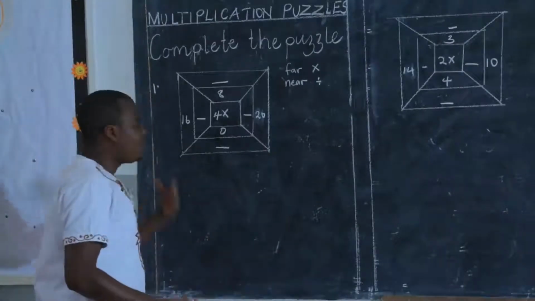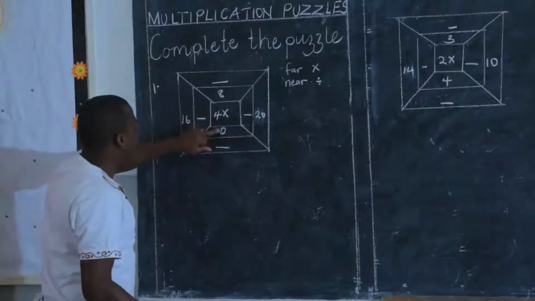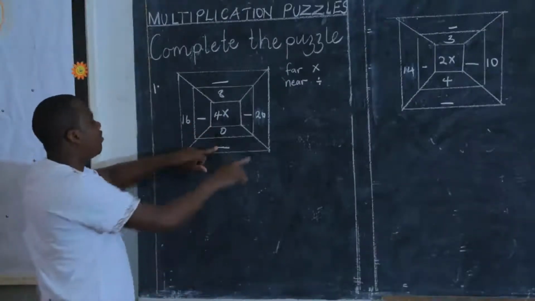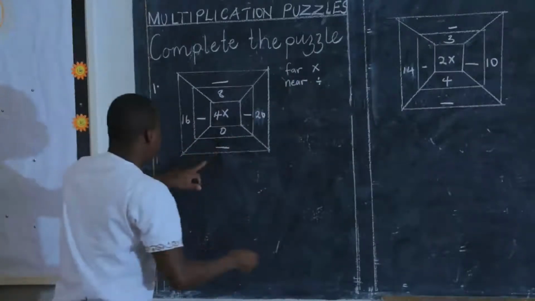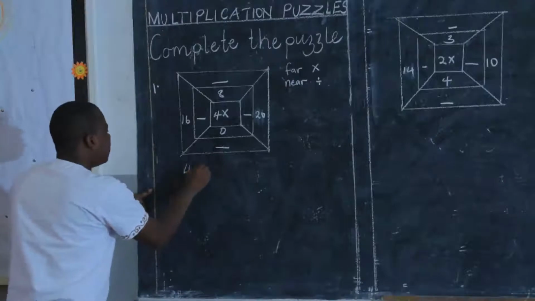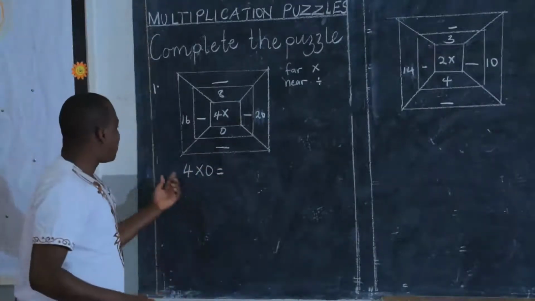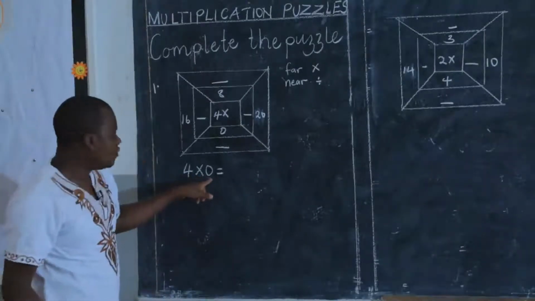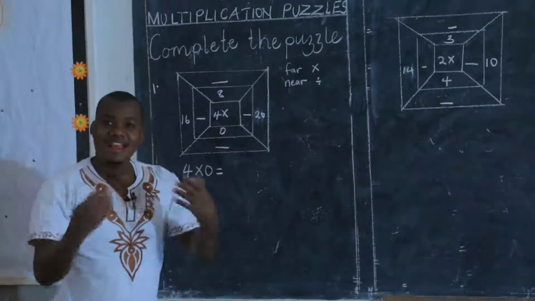So, can we go to our table and complete it? 4 times 0, and the dash is far. So when the dash is far, what shall we do? We are going to multiply. So I'll come here and say 4 times 0 equals, what does this mean first of all? 4 groups of 0 items. Meaning I'm going to draw 4 groups, but I'm going to put there nothing.